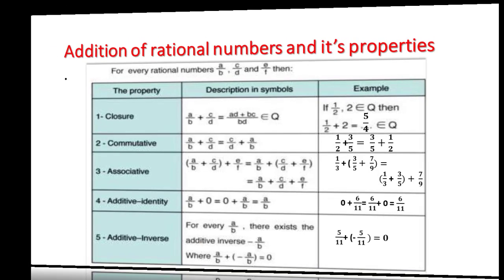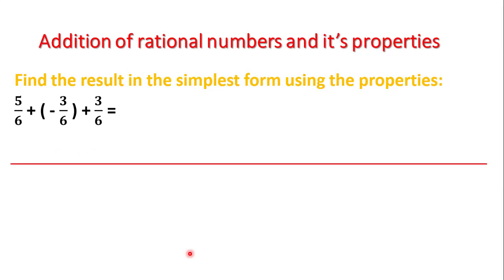Okay, let's take an example. Find the result in the simplest form using the properties. I want to use the properties and I'll mention each property. The first one here, I have 5 over 6 plus negative 3 over 6 plus 3 over 6. We can notice that we have 3 over 6 and negative 3 over 6, the number and its inverse.